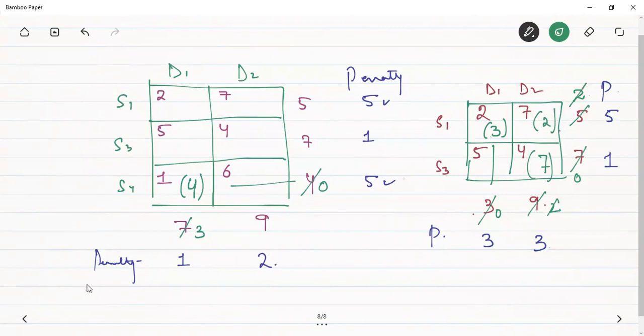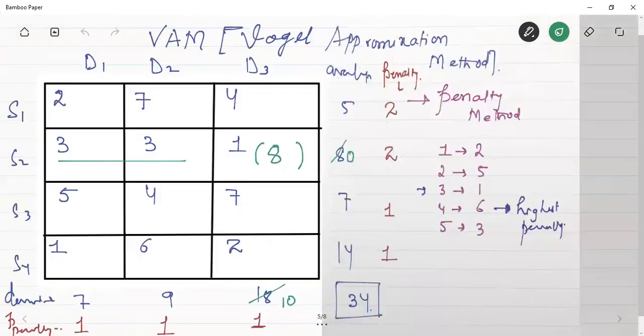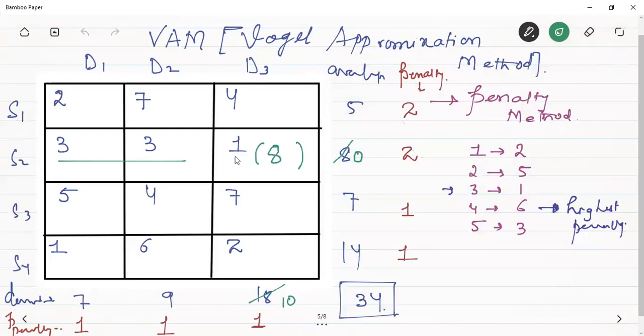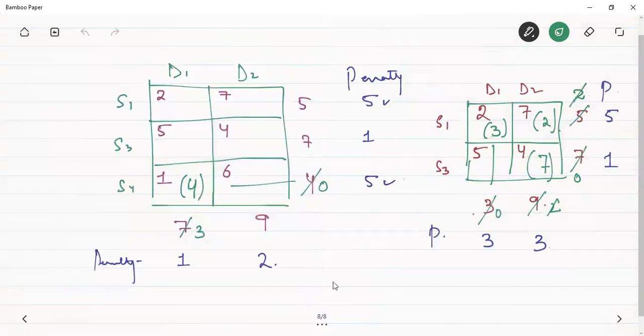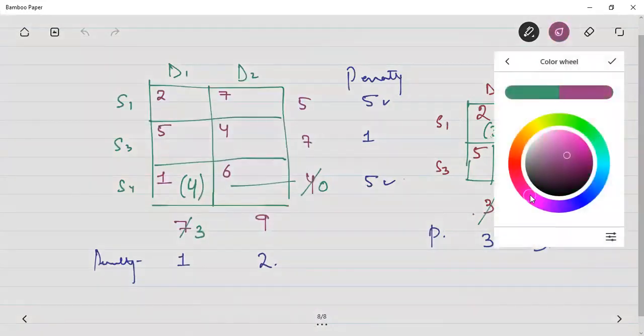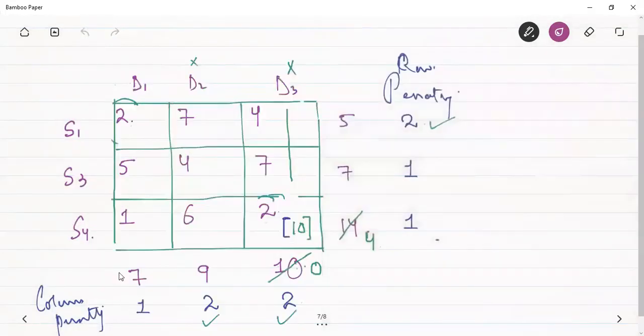Now we can write what are the allocations that we have made. Okay, सबसे पहले allocation क्या थी? x23. Okay, you can see that source 2 and destination 3, that is x23 is 8. Okay, units, x23 is equal to 8. उसके बाद क्या होगा? उसके बाद कौन सी allocation होगी? उसके बाद हमने 4-3 allocation की.